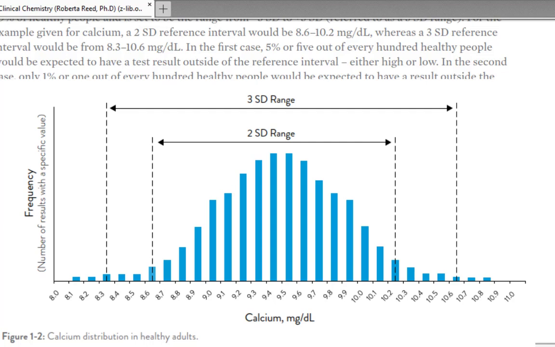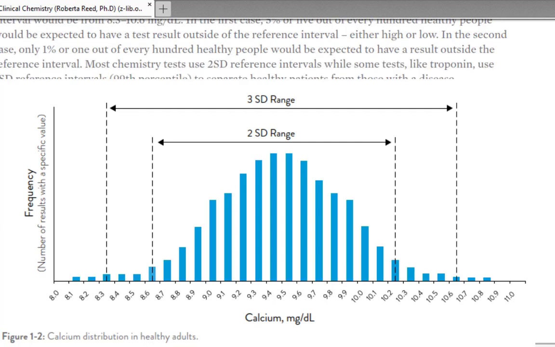In non-parametric analysis, result values are ranked from low to high, and 2.5% of values are excluded from each end, defining the central 95% of values. A 2 SD reference interval is a value that encompasses the central 95% of the distribution of results of the healthy population, regardless of whether the results are bell-shaped or irregularly distributed.